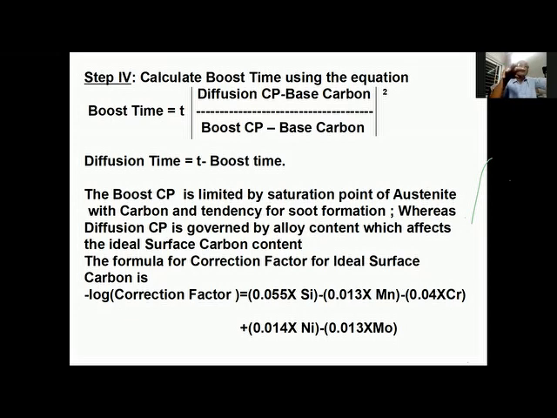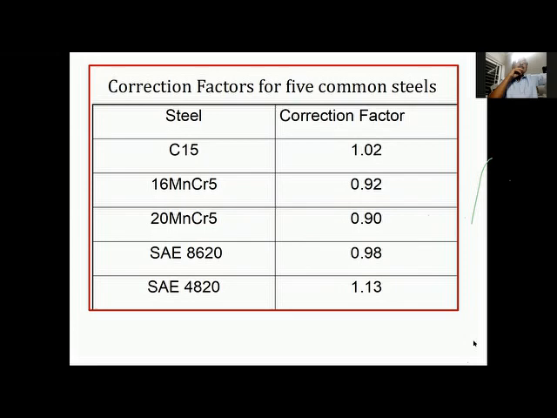So the correction factor for the alloy is given below, but you need not remember that. Next slide shows what are the typical correction factors. Next slide. Yeah, a plain carbon steel like C15 will have a correction factor of 1.02, which means that to achieve a final carbon of 0.8, you will have to use 0.8 multiplied by 1.02, slightly higher than the 0.8% carbon.